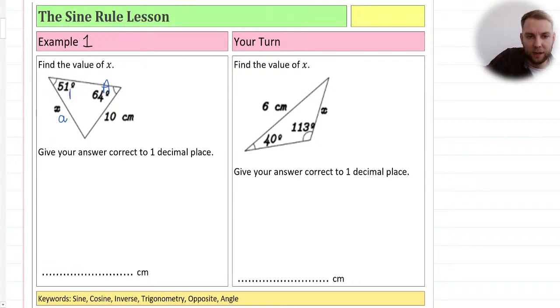So I'm going to call this one here big B. And this one here little b outside. And then this one here, which I don't know, is big C. And this one here opposite is little c. So I've labelled my triangle there like so, labelling what I want, which is this X over here, as A.